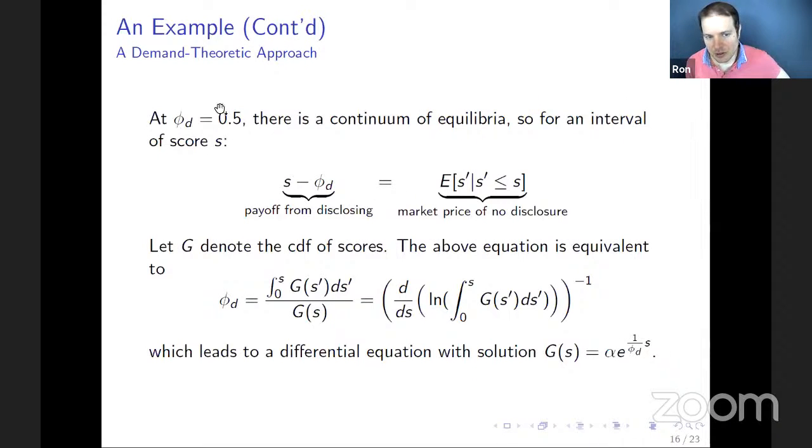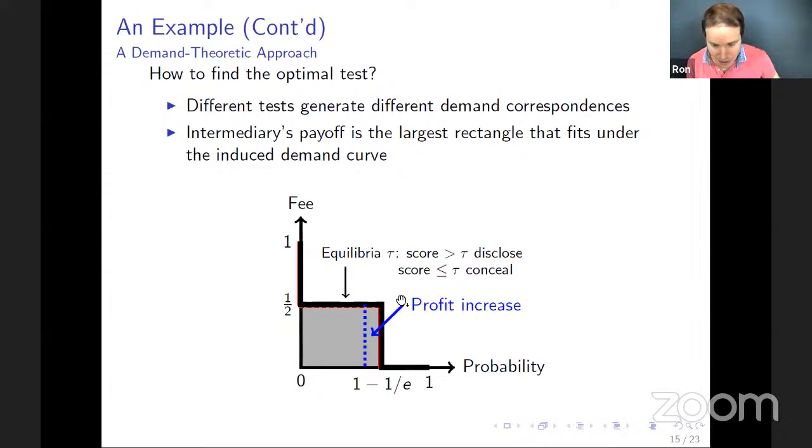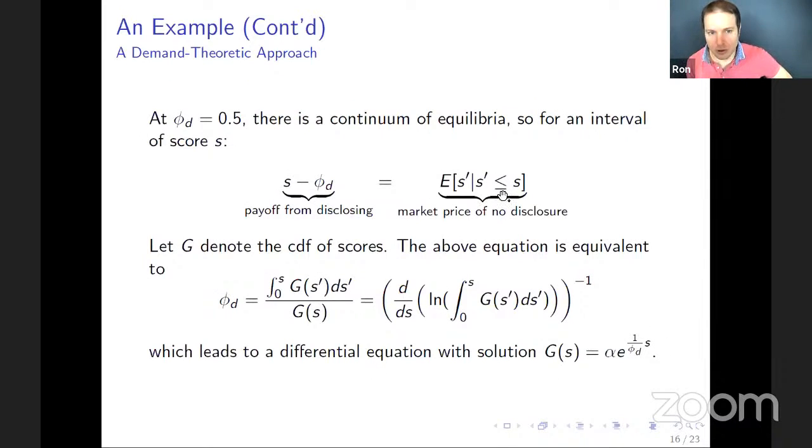So if we are fixing, in this example, disclosure phi to be at 1/2, and we said there's a continuum of equilibria there and some interval of scores, what does each equilibrium look like? Well, it has to be that this marginal score is indifferent between disclosing and not disclosing, given that the market expects that score to be the marginal score. So that no disclosure means that the market expects the score to be at most that score, right? So again, this line right here mathematically corresponds to having this equation hold for an interval of scores S.